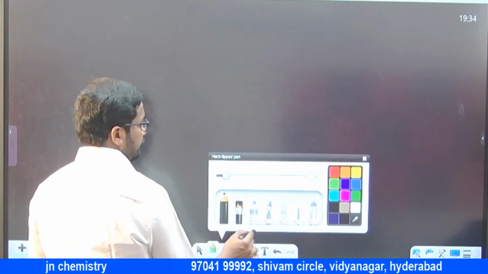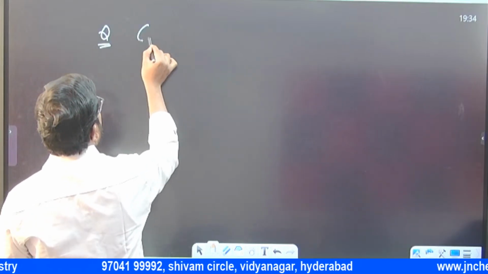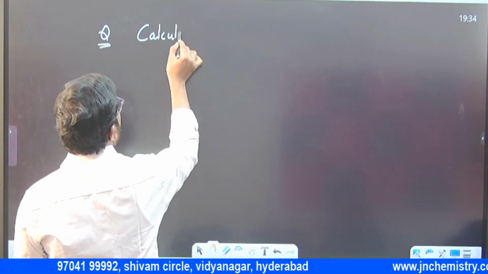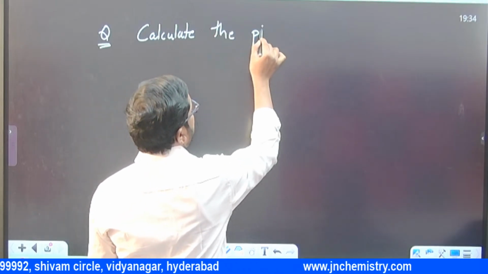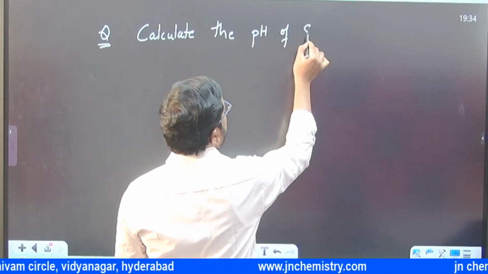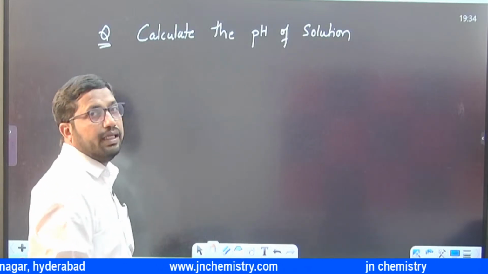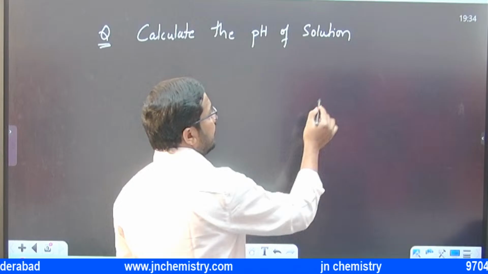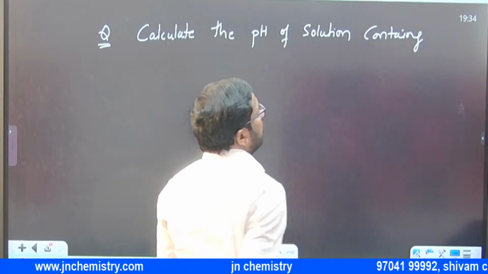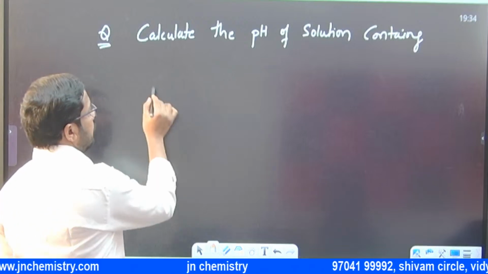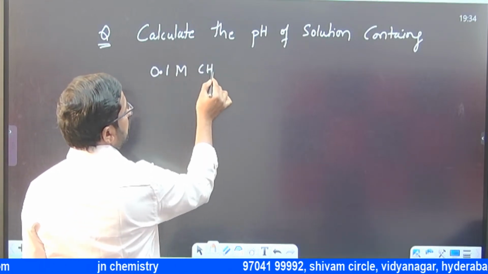Write a question. Calculate the pH of a solution containing 0.1 molar acetic acid.